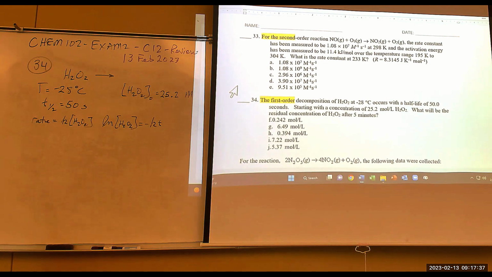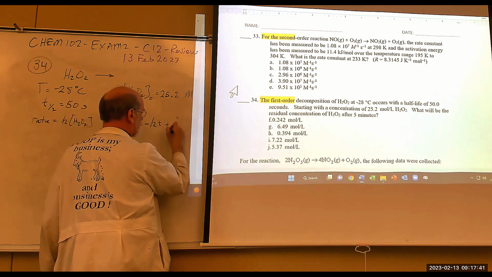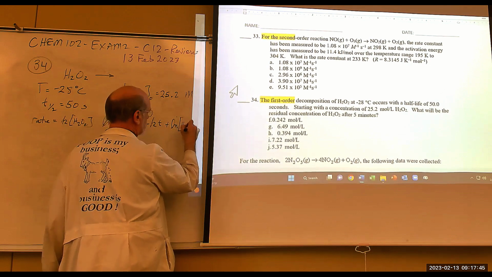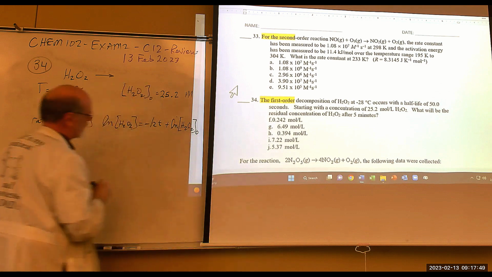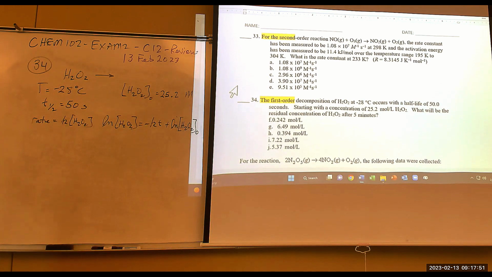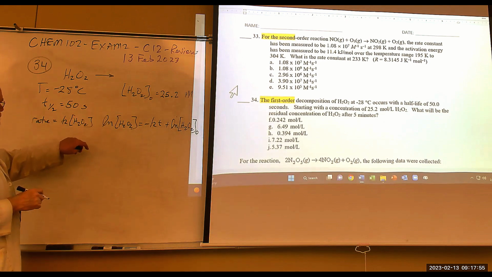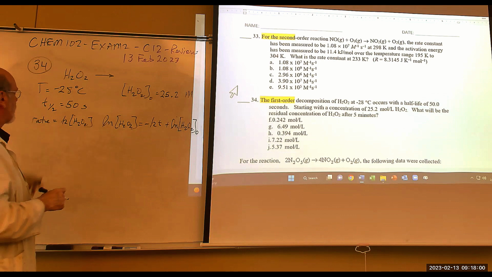Yeah, plus the natural log of the initial concentration. There we go. All right. So in order to use this, we've got to figure out what the k is from the half-life.